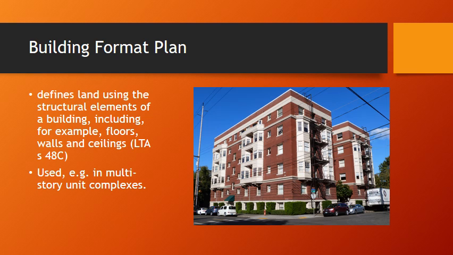So the plan that's used to create this subdivision needs to be able to show things like the floors, and that'll be the differentiation point between this lot and that lot, and there'll be a ceiling there, and their floor, and it will also differentiate this lot owner from that one, and so on and so forth. So these are used, for example, in multi-story unit complexes.